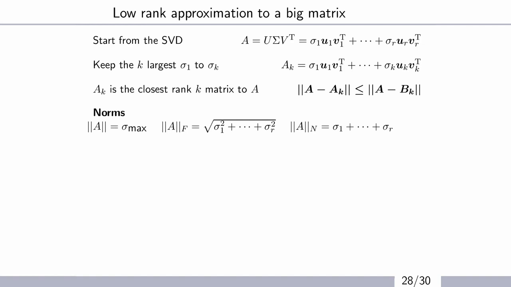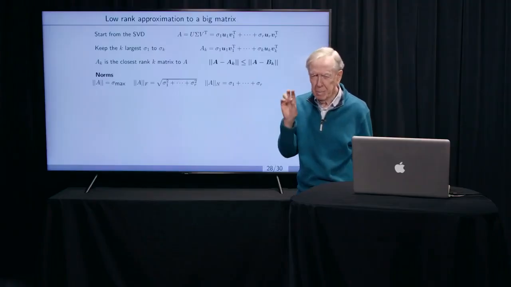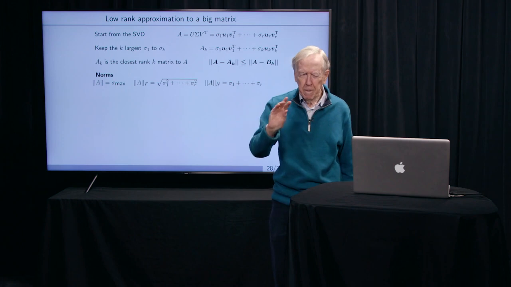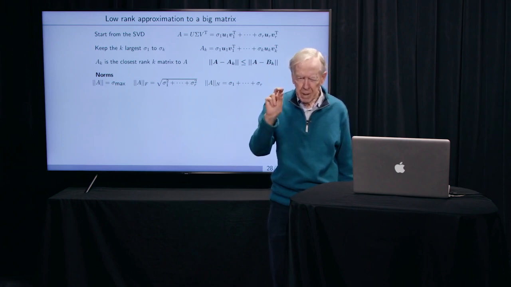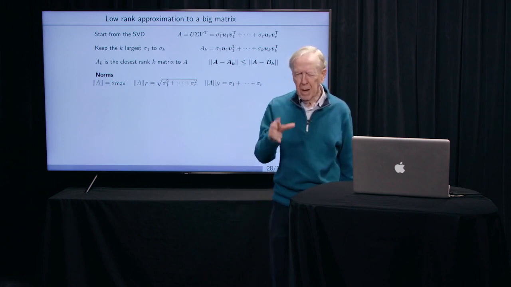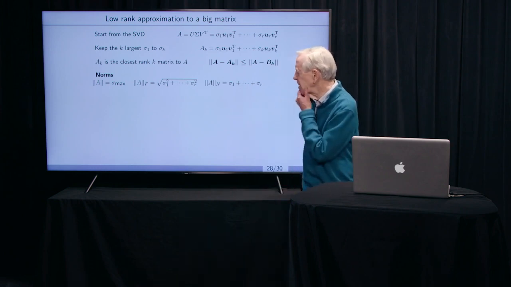So in data science, you very often keep just the first ones, maybe the k largest ones, and then you've got a matrix that has rank only k, because you're only working with k vectors, and it turns out that's the closest one to the big matrix A. So the singular values, among other things, are putting in order of importance the little pieces of the matrix, and then you can just pick a few pieces to work with.